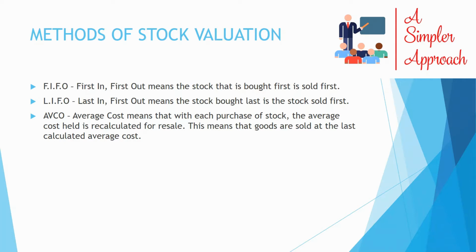That is necessary for the process of selling the goods. Why? Because when goods are sold, they are always sold at the last calculated average cost. That is why whenever it is bought or sold, the average has to be recalculated every time, so that when the time comes for items to be sold, the last calculated average cost is the cost that is used to sell.